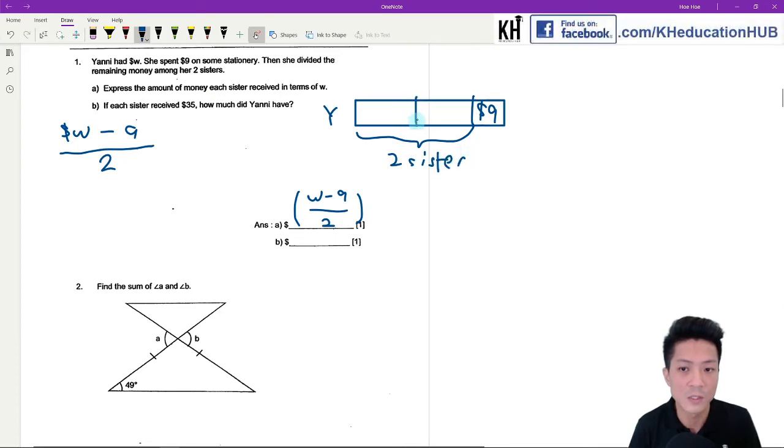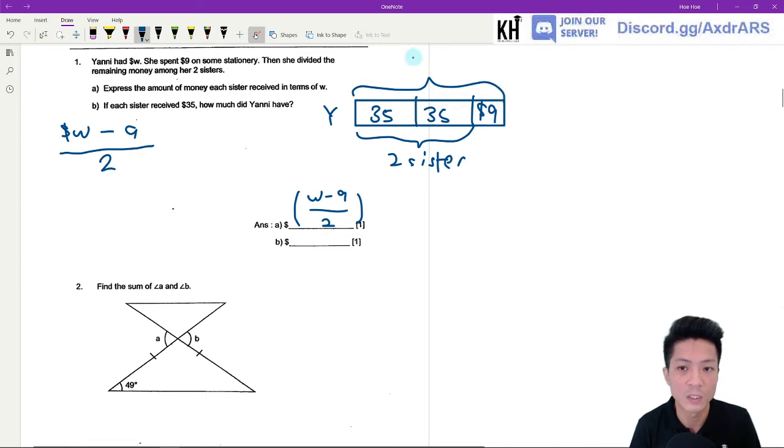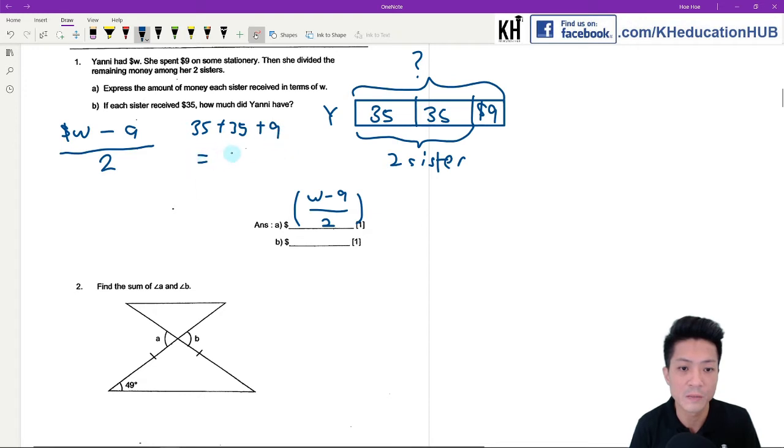So if you cut this into 2 and each one is 35, we can find the total. 35 plus 35 will be 70. 70 plus 9 will give me $79.